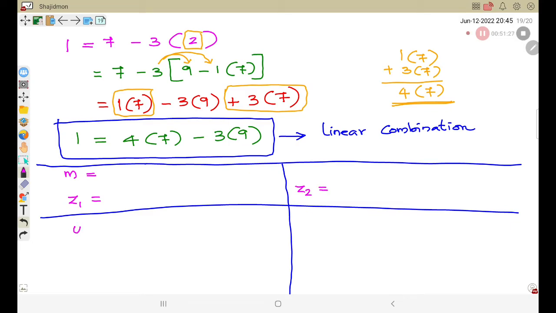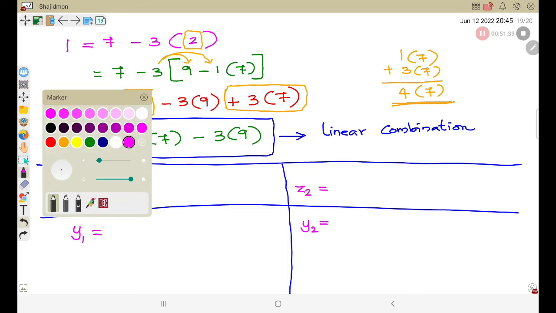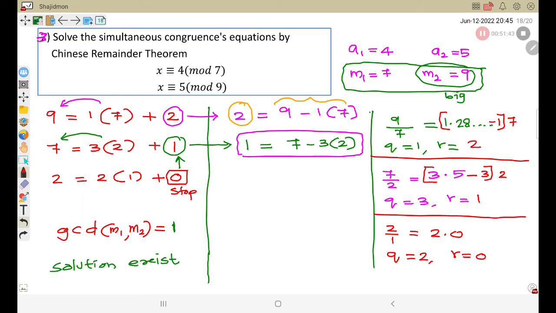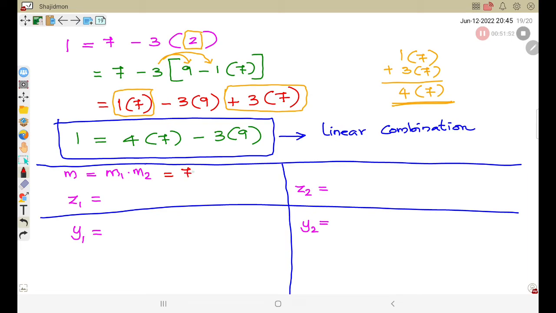After that Y1 number, Y2 number. First M number. What is M number? M1 multiply M2, correct? What is M1 and M2? You can see M1 number is 7, M2 number is 9. 7 multiply 9. That means equal to 63.